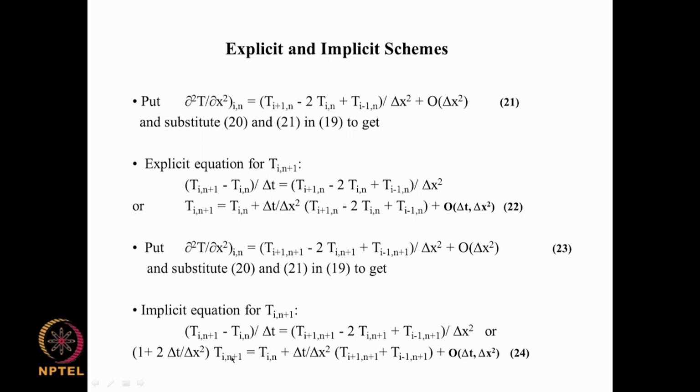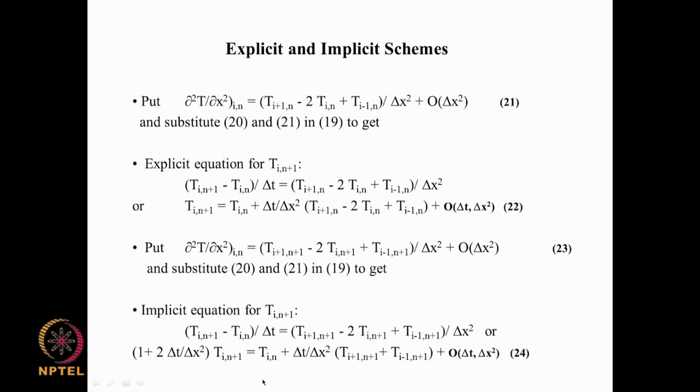So, Ti^(n+1) is given implicitly in the form of other variables, whereas in the case of equation 22 it is given explicitly, and so there is a difference in the way that we evaluate ∂²T/∂x², which makes a difference between an explicit solution or an implicit solution.